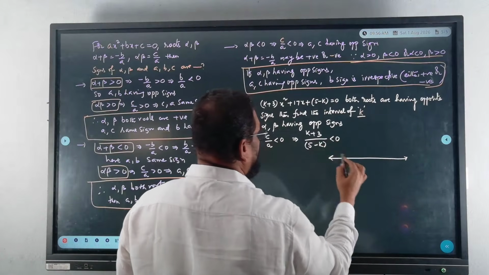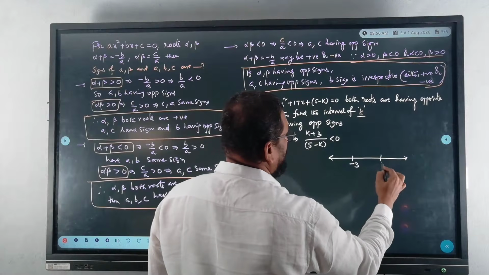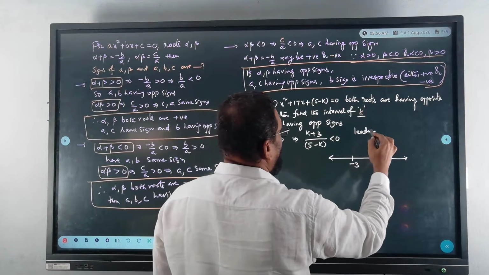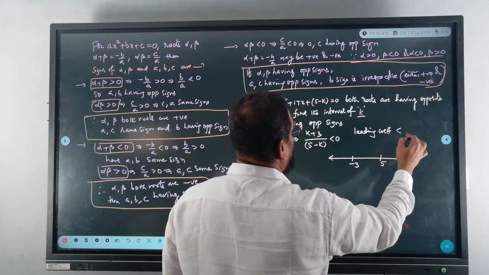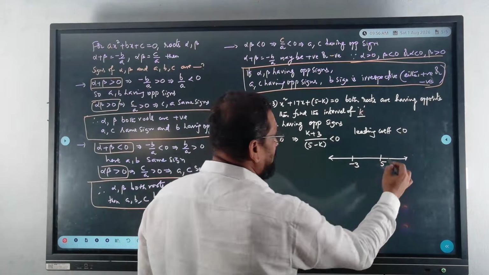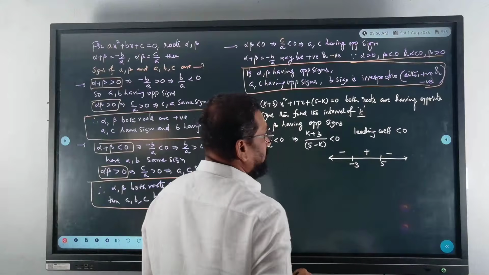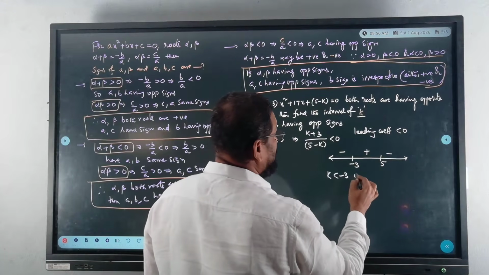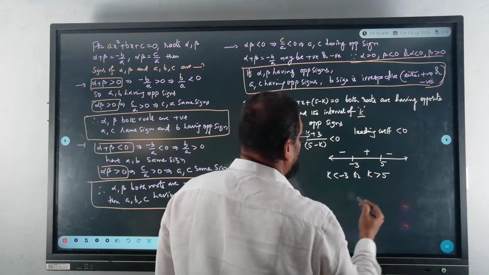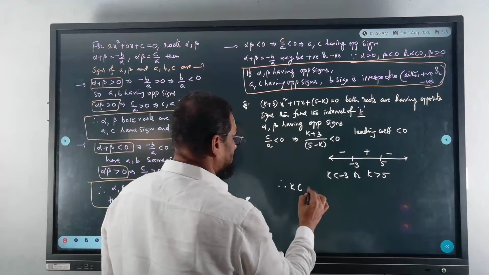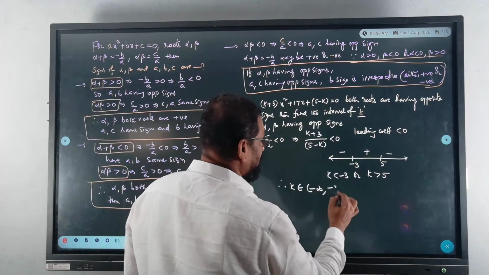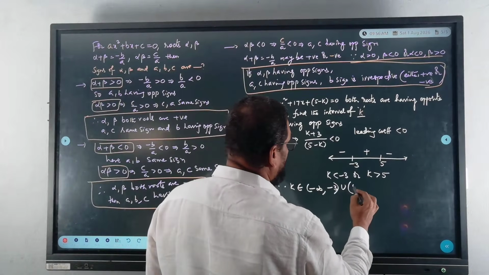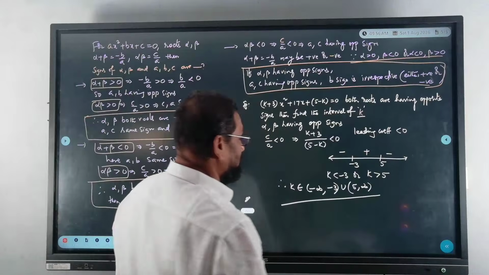So the critical points are -3 and 5. What is the leading coefficient here? The leading coefficient is negative, so from the right most, negative, positive, negative. Here we need less than 0. Therefore k less than -3 or k greater than 5. So k belongs to the open interval minus infinity to -3 union open interval 5 to positive infinity. That's the required answer.